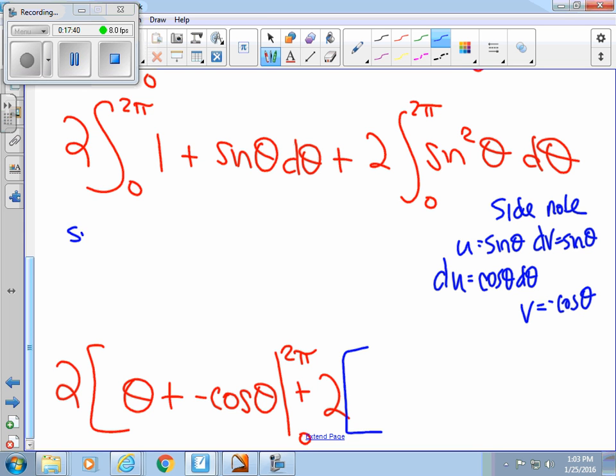U is sine theta. V is negative cosine theta, minus the integral of v du, which is negative cosine squared theta. And I'm going to do integration by parts again. What's going to happen next time?